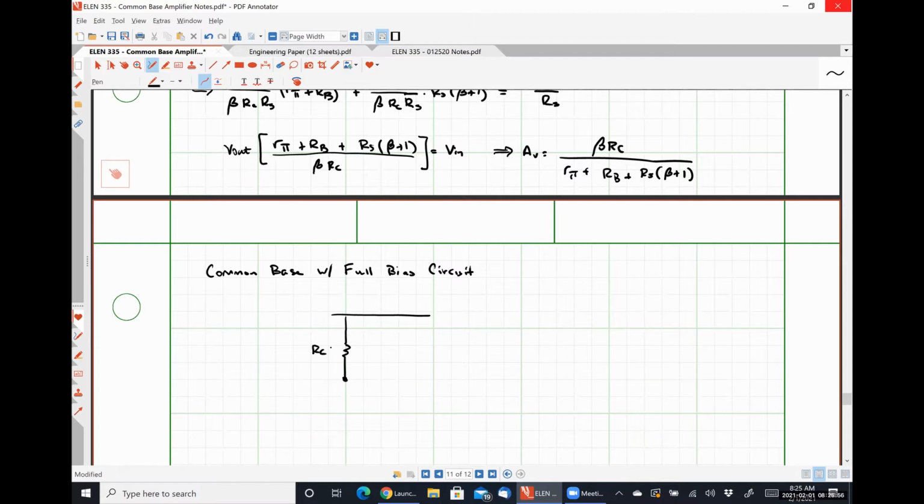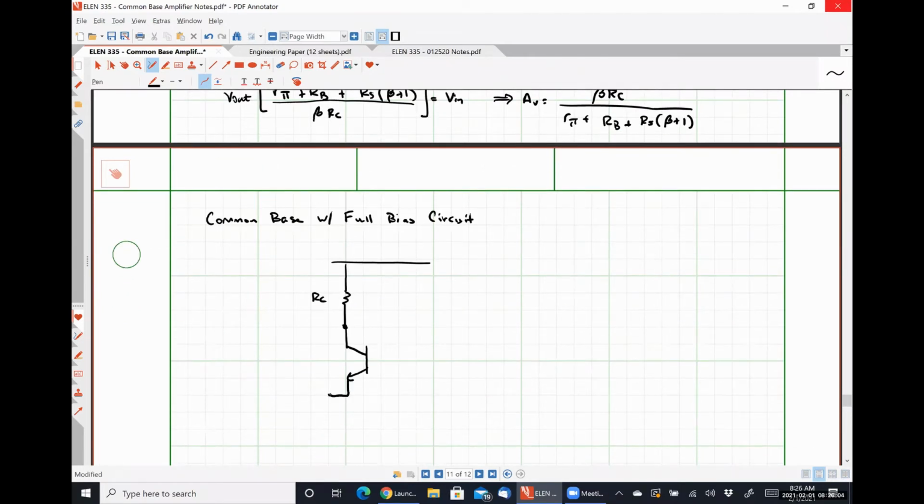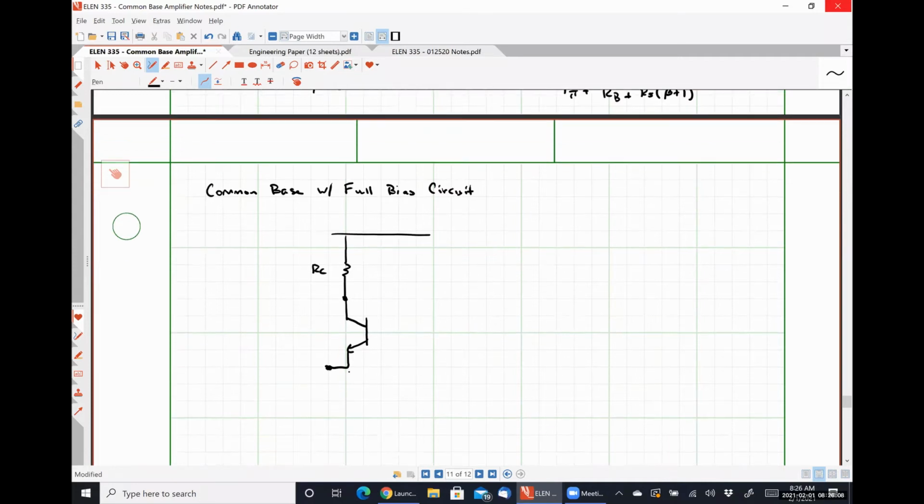Here's our resistance RC. Here we have an emitter degeneration resistance.